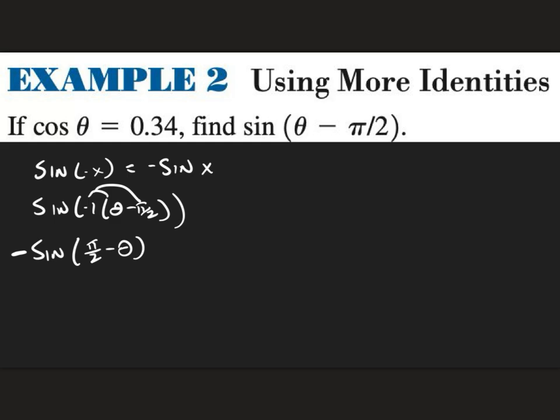And now we know that sine of pi over 2 minus theta is equal to the cosine. So the negative stays the negative. We got the cosine of theta, and cosine theta equals 0.34. So negative, then the cosine of theta is equal to negative 0.34.